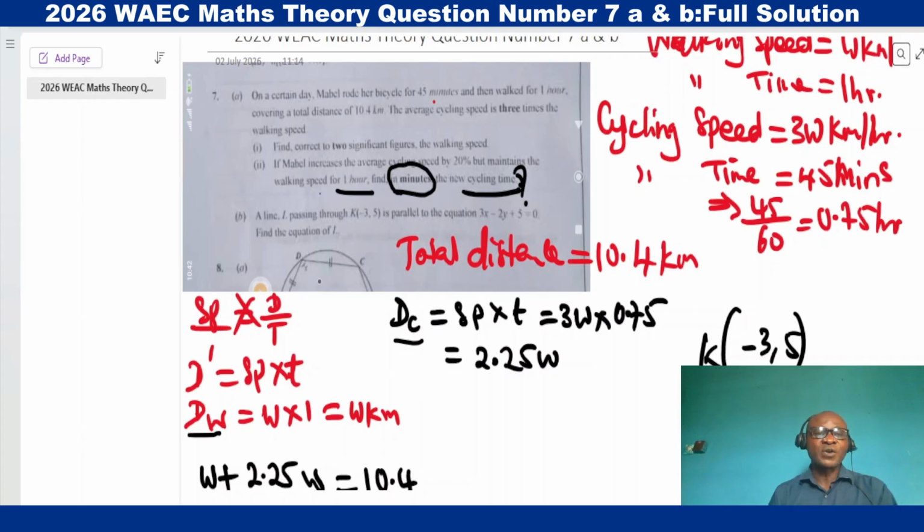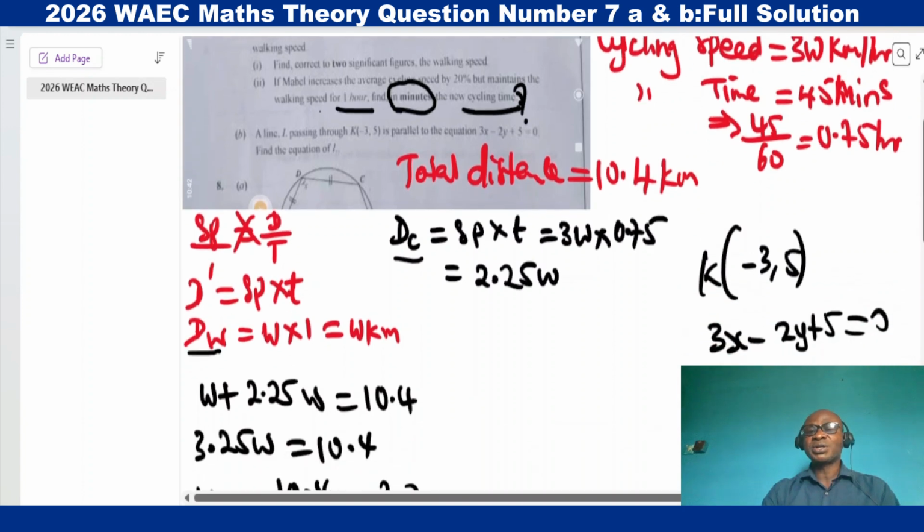What are we asked to find? The equation of L. So we are going to find the equation of L. So I scroll down.